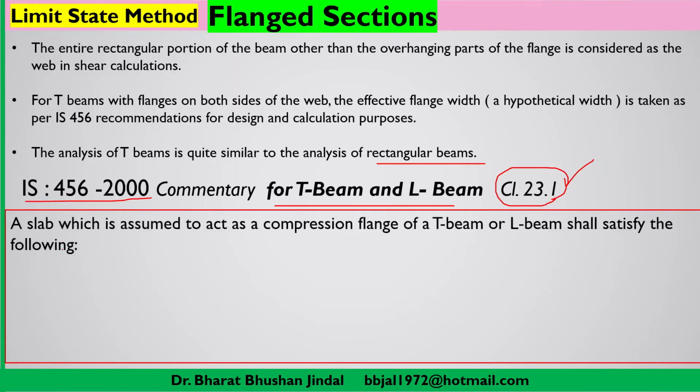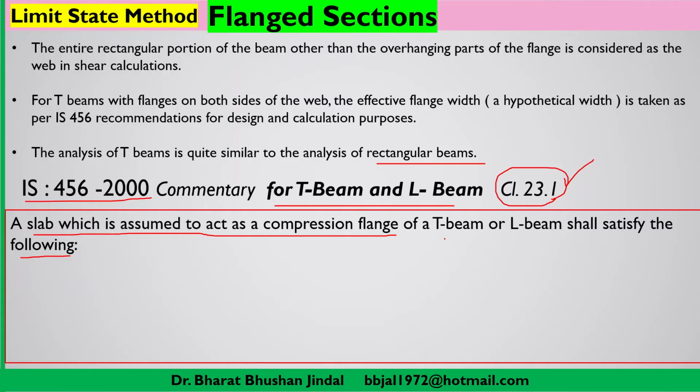So first of all, very basic information is that a slab which is assumed to act as a compression flange of the T-beam or L-beam should satisfy the following conditions. That means the slab which is on the beam can only be considered as a part of the beam so that they can act as a T-beam.